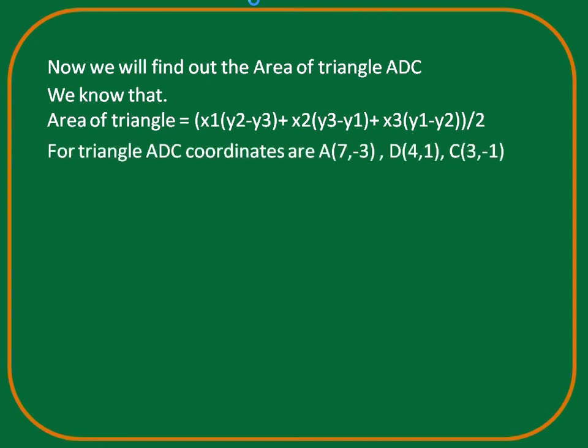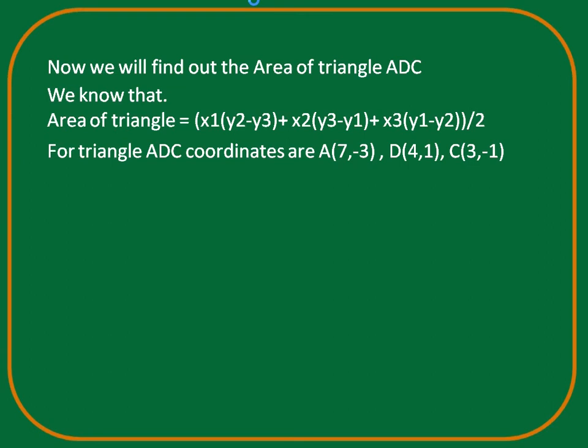Here I have taken the coordinates of A as x1 y1, D as x2 y2, C as x3 y3. You can take it another way also. In case of DAC, you can use D as x1 y1, A as x2 y2 and C as x3 y3. In case of ACD, you can take A as x1 y1, C as x2 y2 and D as x3 y3. All these are the same because the area will be exactly the same in value.